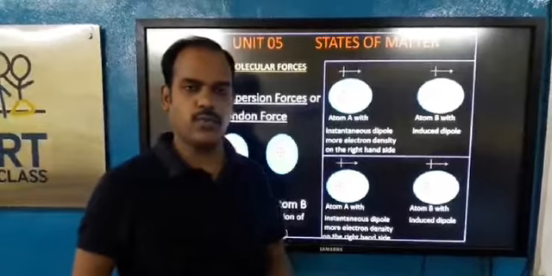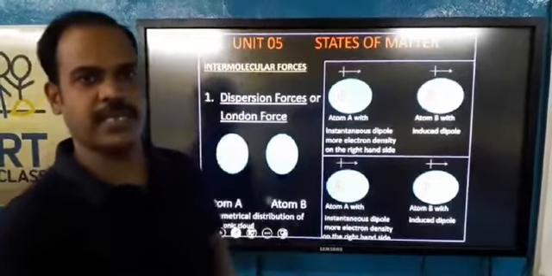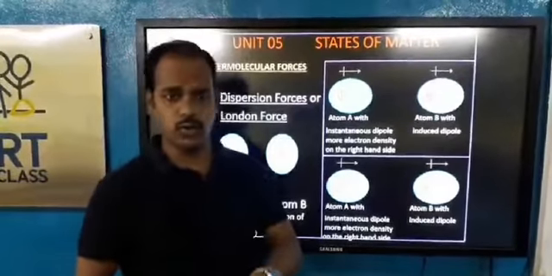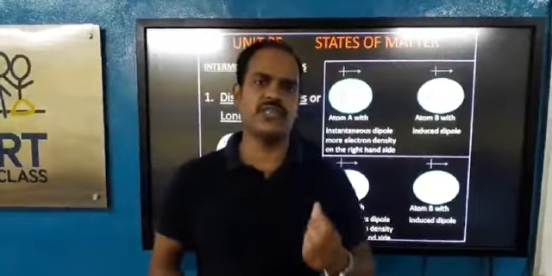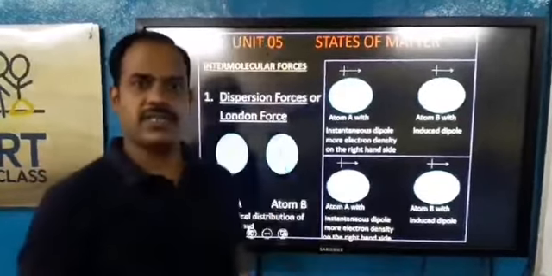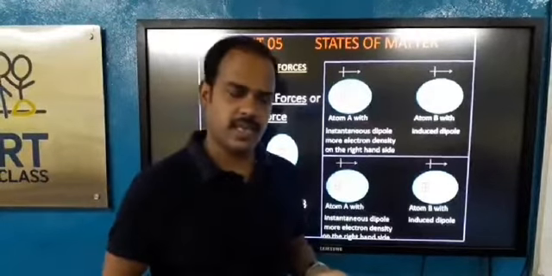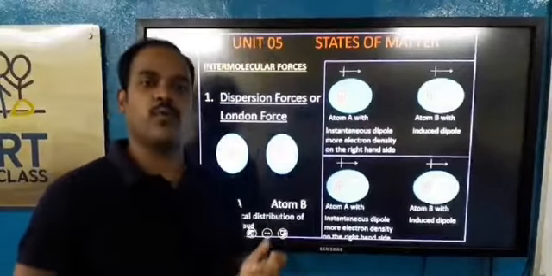Polar means those molecules in which the atoms have partial positive and partial negative charge. Just like a magnet has north pole and south pole, two different poles, like that a molecule has two different charges. For example, HCl. In HCl, hydrogen forms H plus and chlorine forms chloride ion, minus. So this one is a polar molecule.